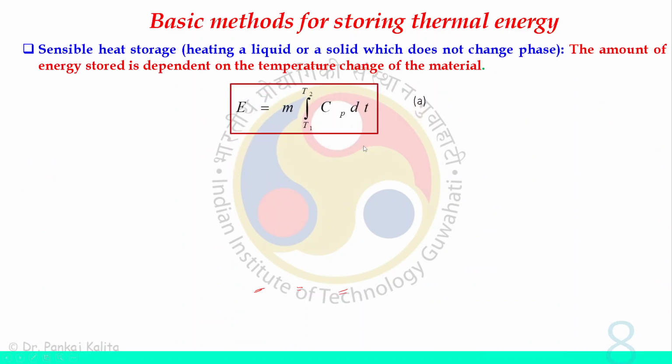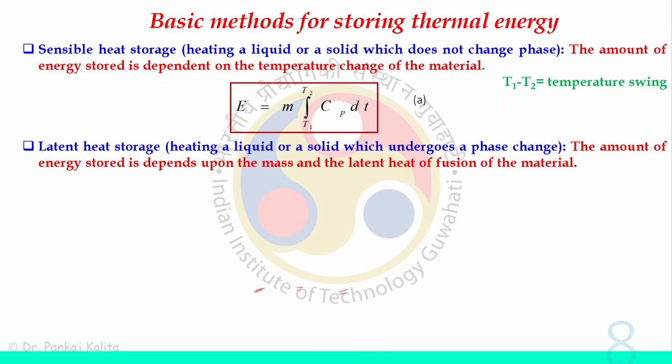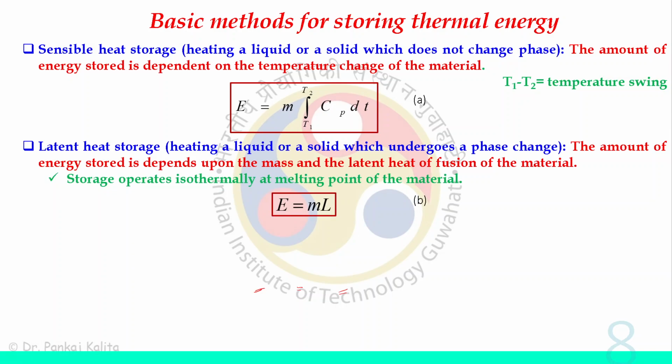Basically, if we see the basic methods for storing thermal energy, in sensible storage the amount of energy stored depends on the temperature change of the material, like the T1 minus T2 temperature swing. In latent heat storage, the amount of energy stored depends on the mass and latent heat of fusion of the material, at the melting point of the material.